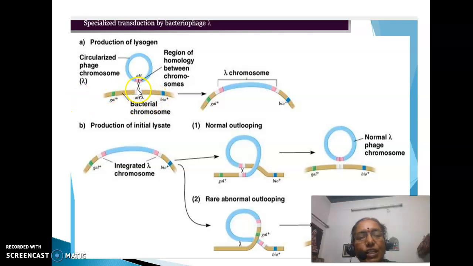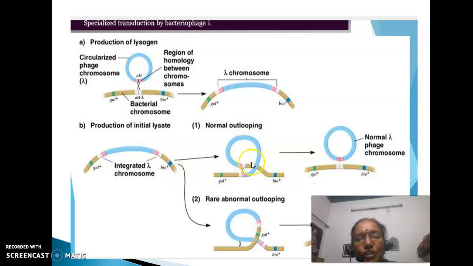When the integration happens, because of the homology between the two regions, the lambda chromosome is inserted into the bacterial chromosome. This is the normal procedure of making a lysogen. After the lysogen is induced to lytic mode, there is an outlooping where the phage chromosome is again excised from the bacterial chromosome.